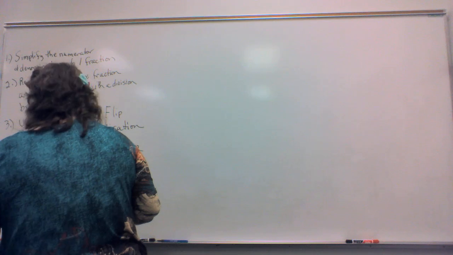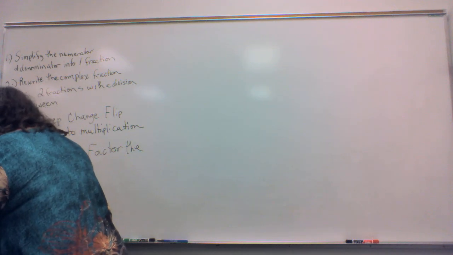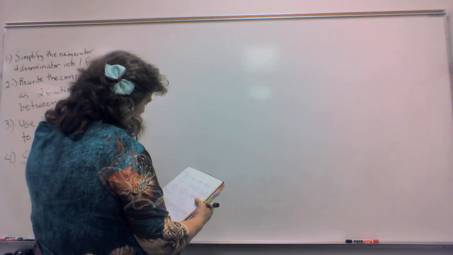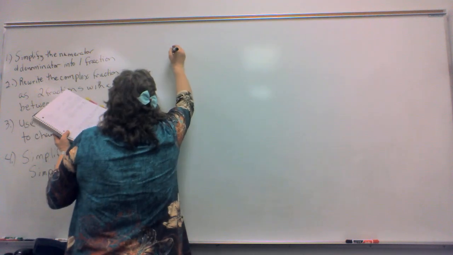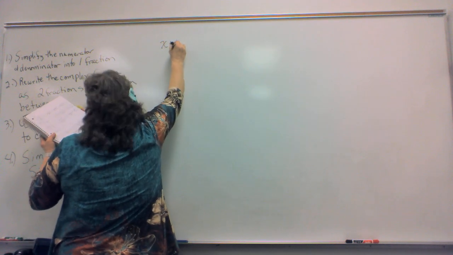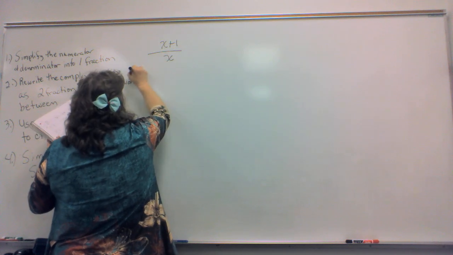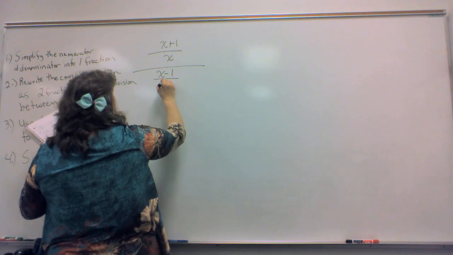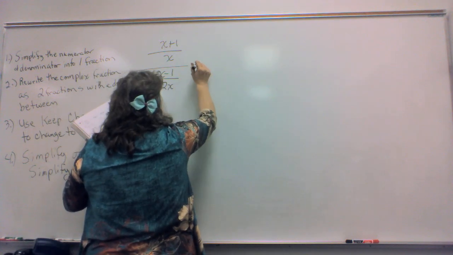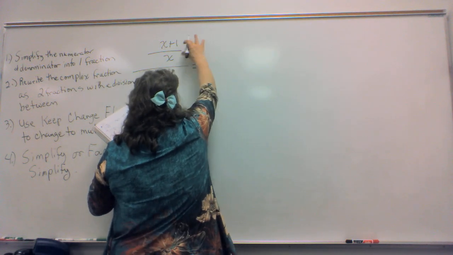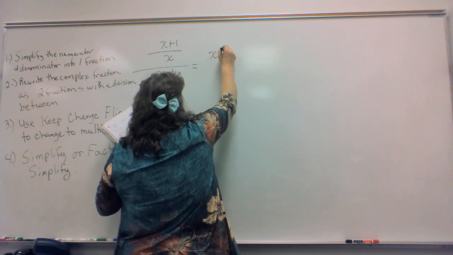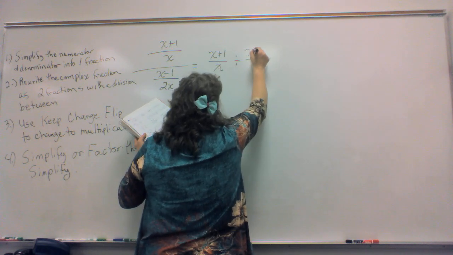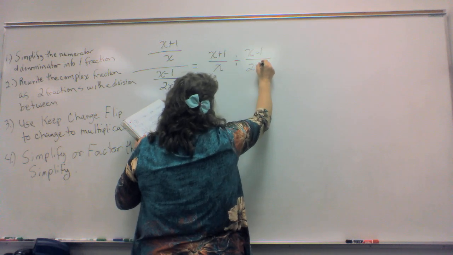So, let's look at ones that are more difficult. These first we're going to do with this method, okay? So, we have x plus 1 over x, and this whole thing is over x minus 1 over 2x. Rewrite this as my first fraction, my numerator fraction, x plus 1 over x, divided by the denominator fraction, x minus 1 over 2x.